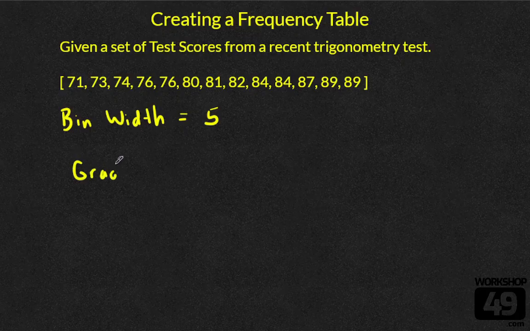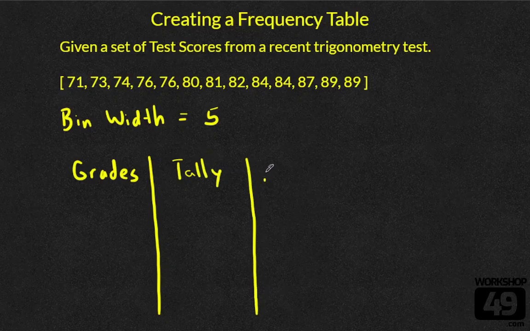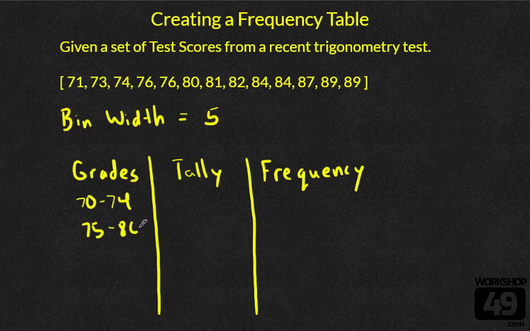So we have grades, I'll make my little column, and we have tally, and I make my little column, and we have frequency. And those are the numbers that we're going to be looking for in the very end. And our grade bins are 70 to 74, 75 to, well, actually going to go up to 79.